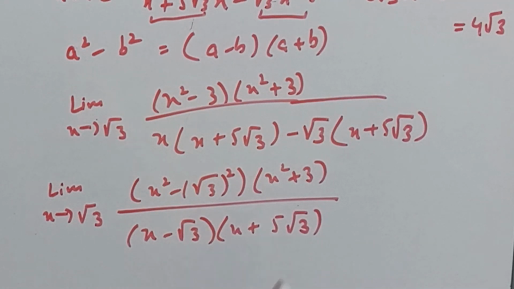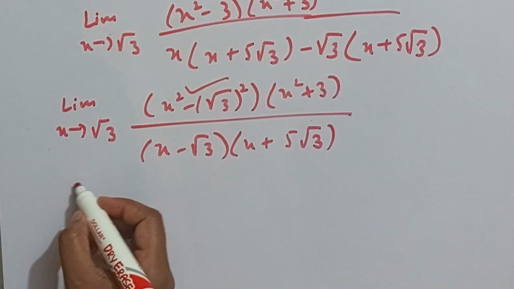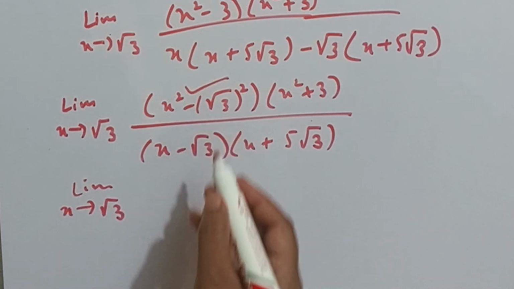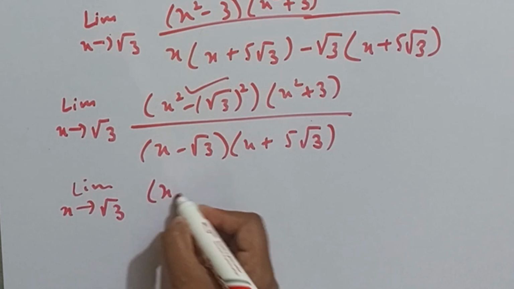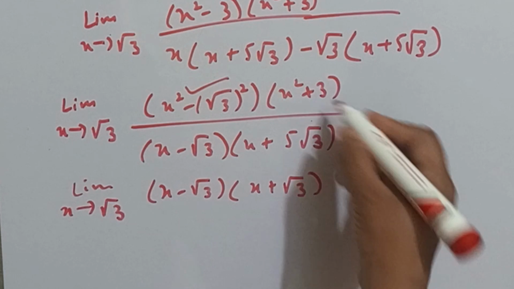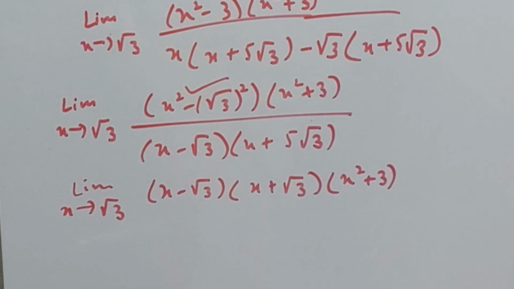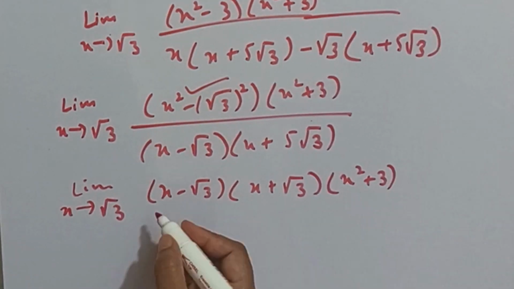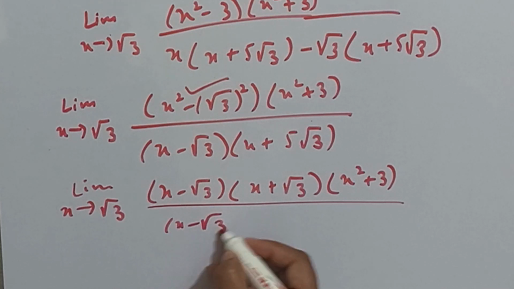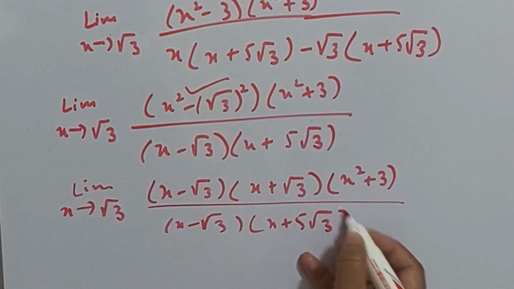In the next step, again we apply this identity on the first part. So this is our limit as x approaches square root 3. We write this as x minus square root 3 multiplied by x plus square root 3, and we copy the last value, x square plus 3. We copy the denominator, x minus square root 3 multiplied by x plus 5 times square root 3.